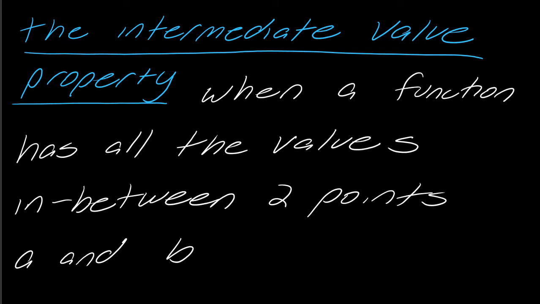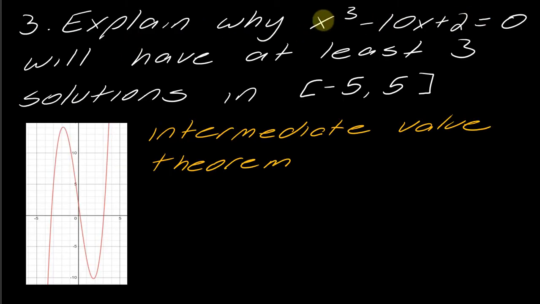So if you have a continuous function, and in this case this is continuous, right? X cubed minus 10x plus 2, this polynomial, we know this is continuous. So what I know is that all of the values between negative 5 and 5, it doesn't matter what value of x I choose, they're all going to be there. Okay, that's one thing that the intermediate value property or theorem says.